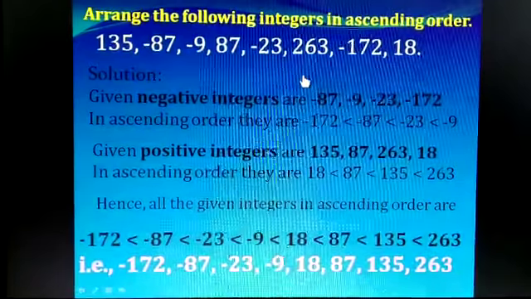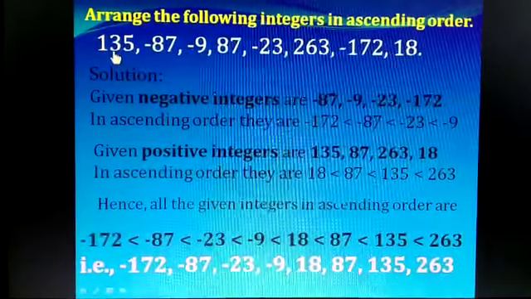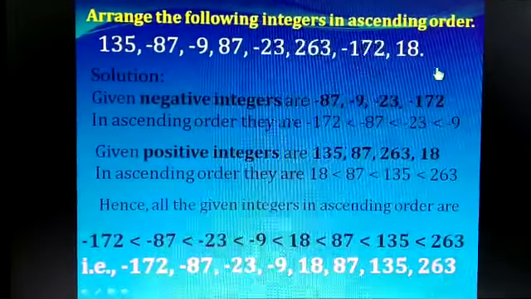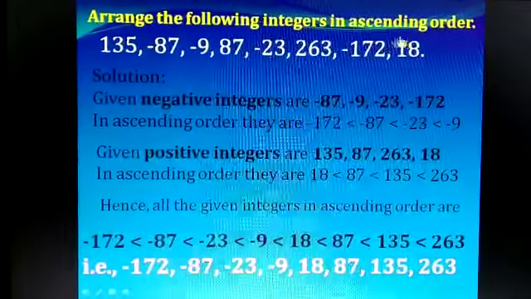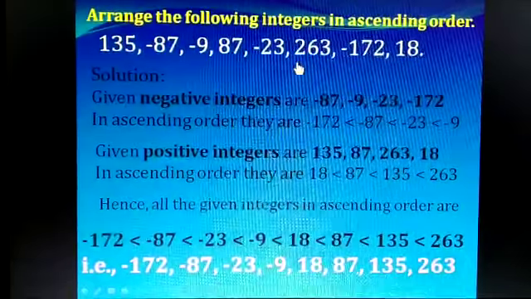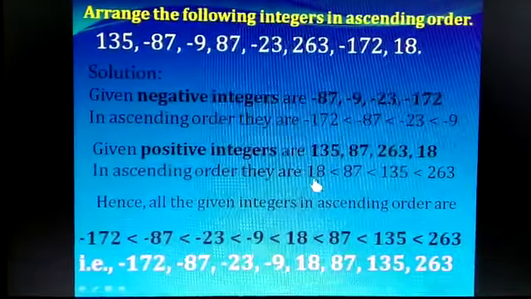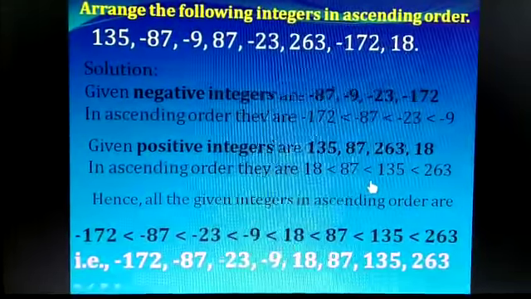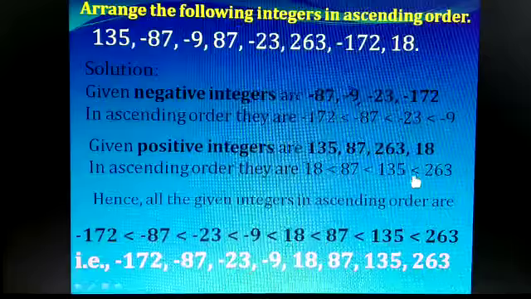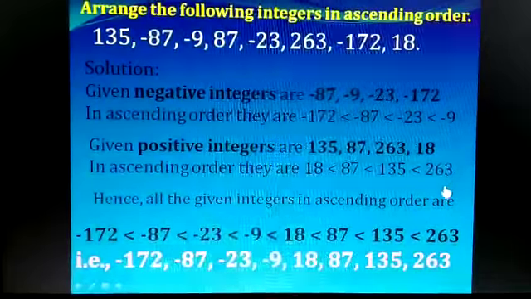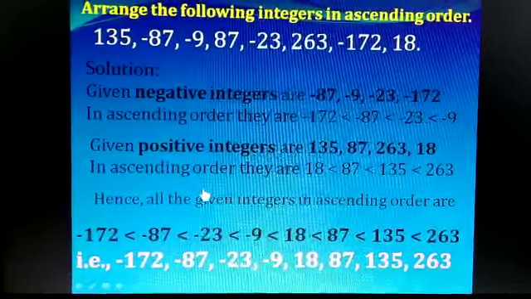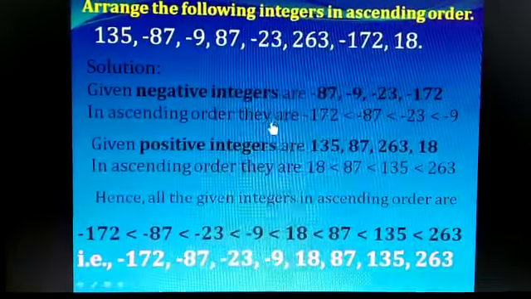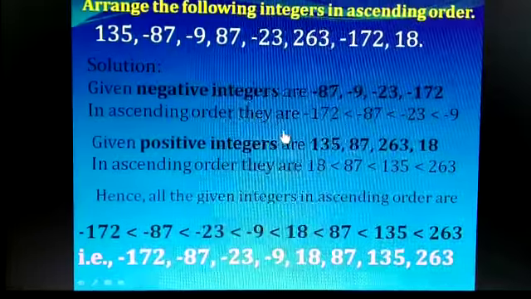Now the given positive integers are 135, 87, 263, 18. Now we are going to arrange the positive integers also in ascending order. That is 18 is less than 87 is less than 135 is less than 263. Now all the given integers, both negative and positive, we are going to write in ascending order.